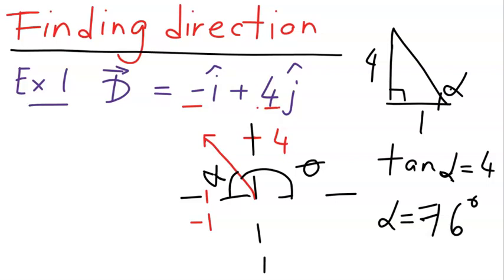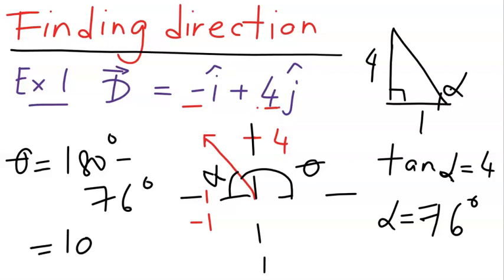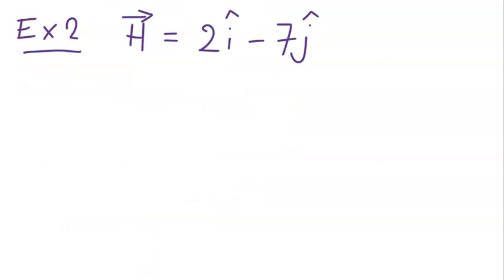Now what does that mean? That means theta is 180 degrees minus 76 degrees, which is 104 degrees. So this 104 degrees is the direction for this vector d, and as it should, because it lies in quadrant 2.